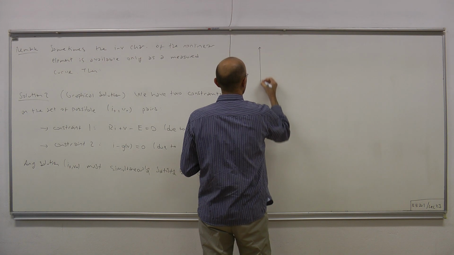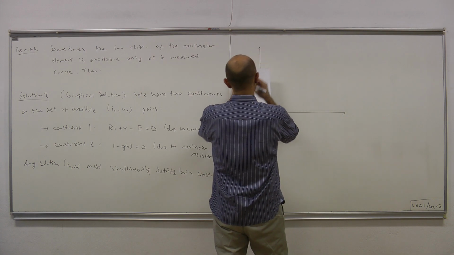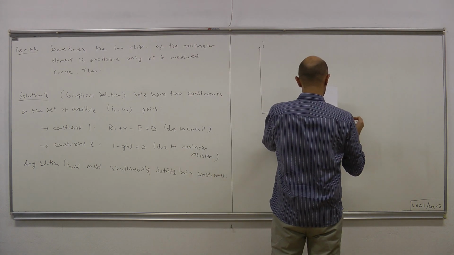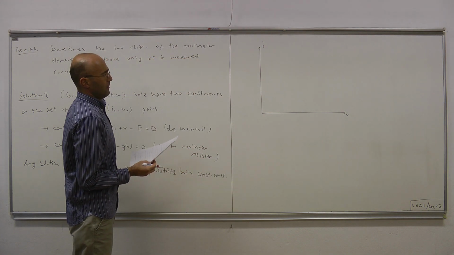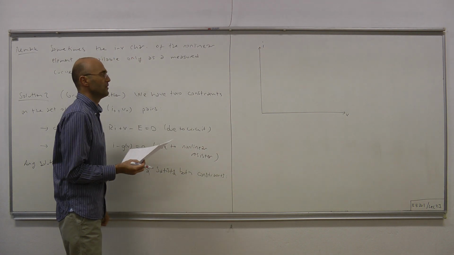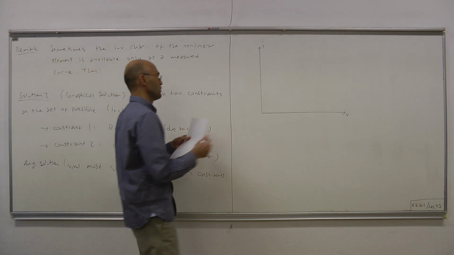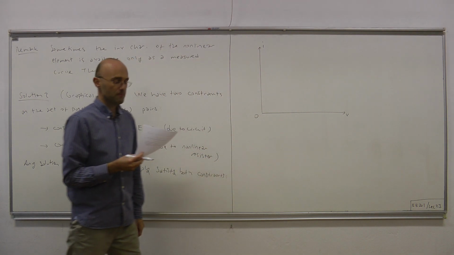We have the current for the vertical axis and voltage for the horizontal axis. Suppose that the solution is somewhere in the first quadrant, so we don't have to worry about the other parts of the plane. This is the origin.